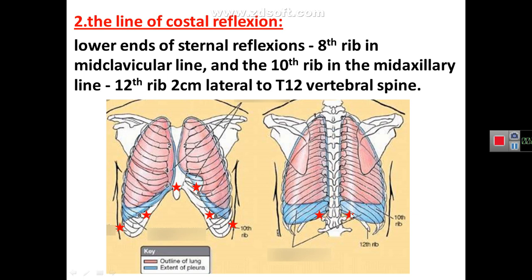Again, if there is an operation posteriorly at this angle, the angle between the 12th rib and the vertebral column, you can see here also that the line of pleural reflection extends below the costal margin or below the ribs in this angle between the 12th rib and the vertebral column, for example, during operation for the kidney. So the wound here may perforate the pleura, resulting also in a pneumothorax.